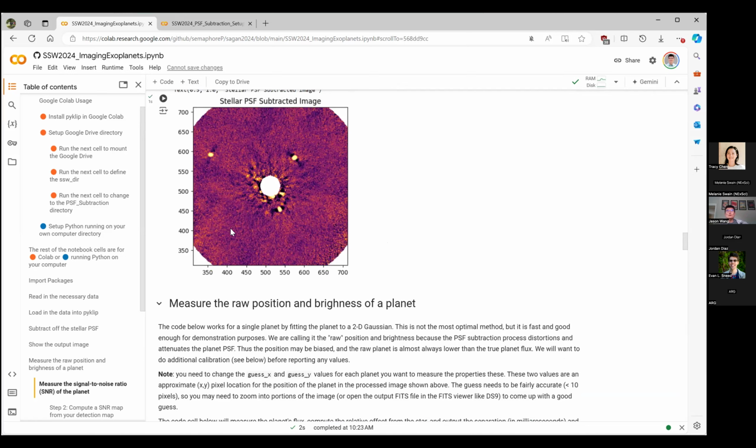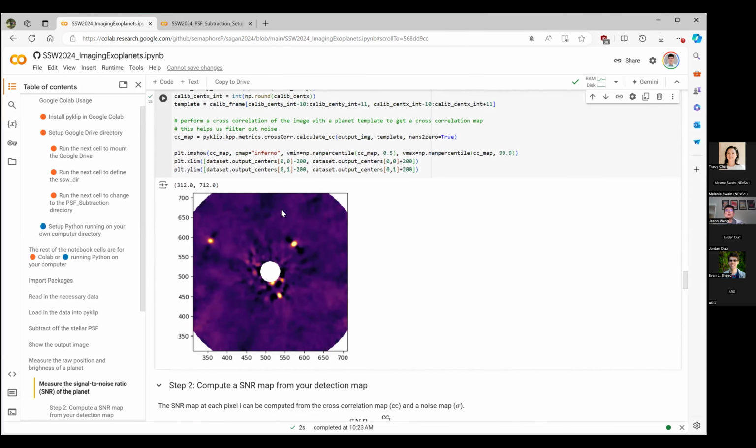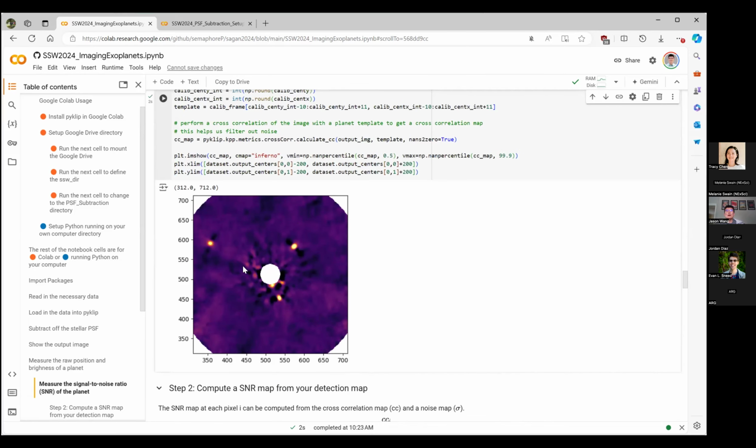You can see there's a lot of salt and pepper noise, and a lot of that noise isn't actually our planets. We know our planets look like these circular blobs, so all this salt and pepper noise can be averaged away, because any brightness intensity changes at that scale aren't reflective of a real planet. So what we do is cross correlate the entire image with the image of the star.